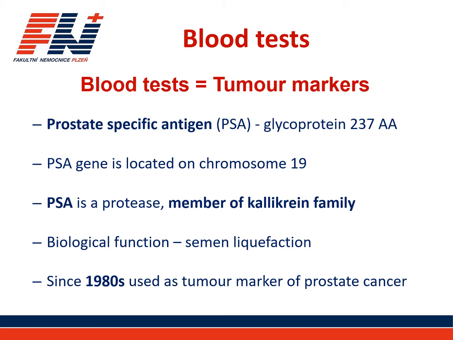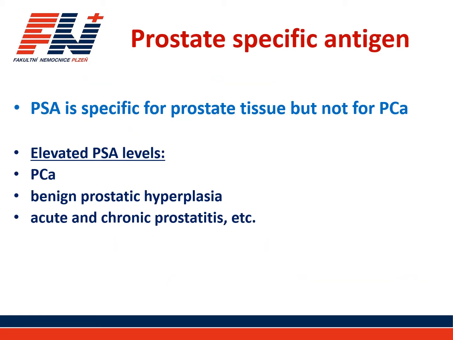PSA is an enzyme, member of the kallikrein family. Its biological function is semen liquefaction, and since the 80s of the last century PSA has been used as a tumor marker in prostate cancer diagnostics. Prostate specific antigen is a really very useful tool, but PSA is specific for prostate tissue but not for prostate cancer cells.